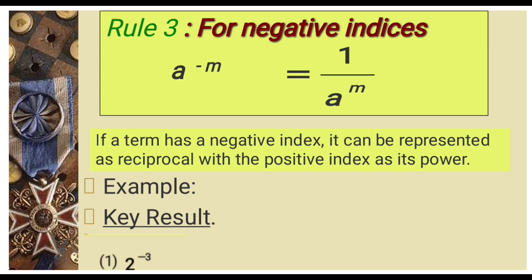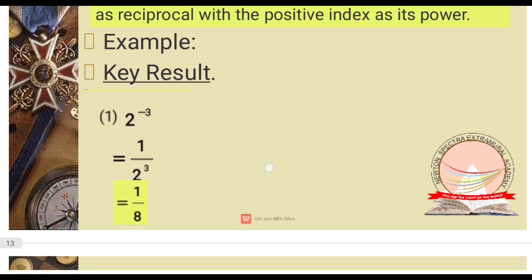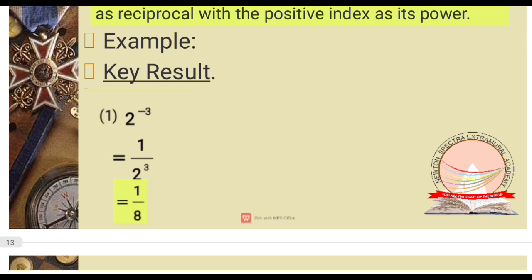Now, if a term has a negative index, that is a negative power or negative exponent, it can be represented as a reciprocal with the positive index as its power. That is, if I have 2 raised to the power of minus 3, I can re-express this as 1 over 2 raised to the power of 3.